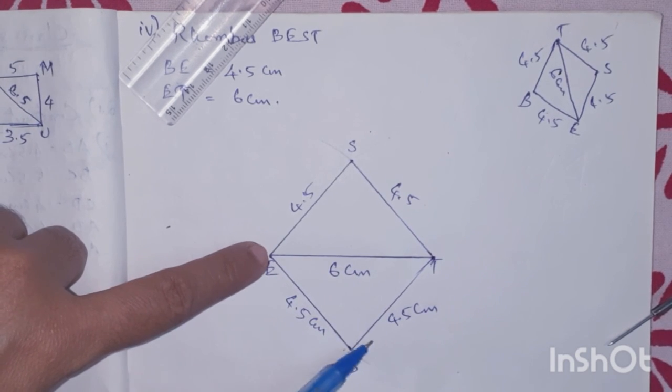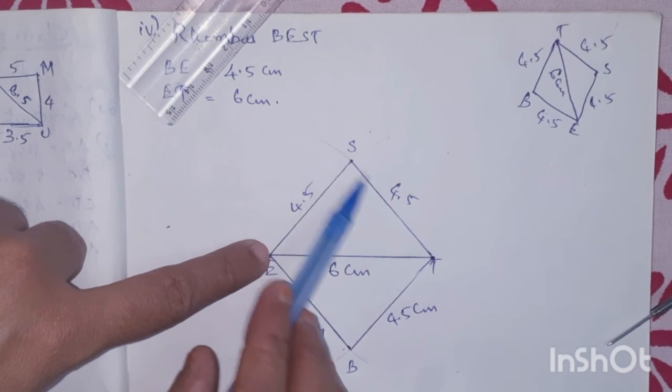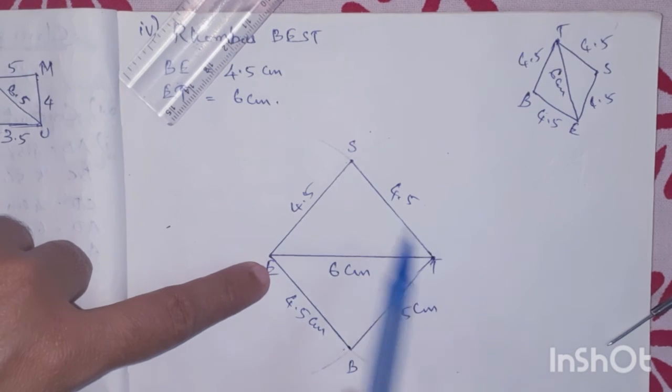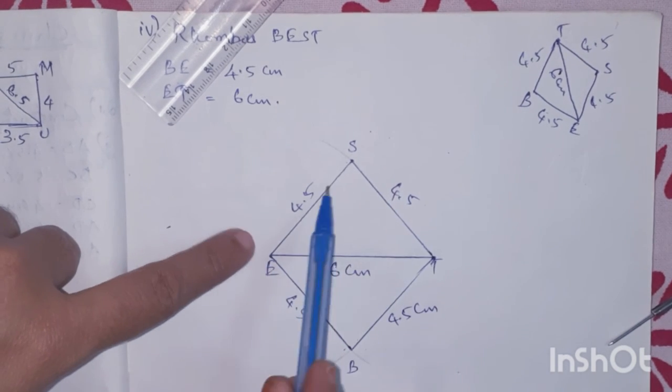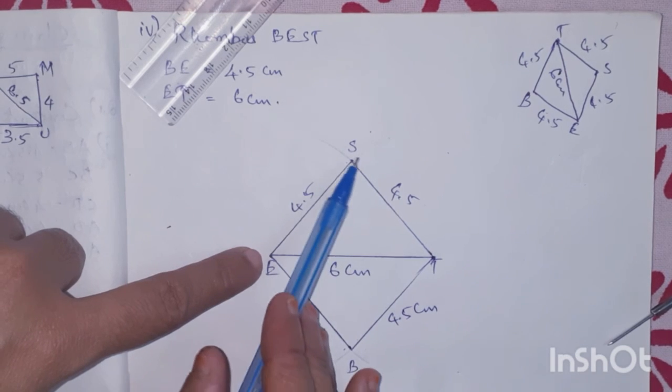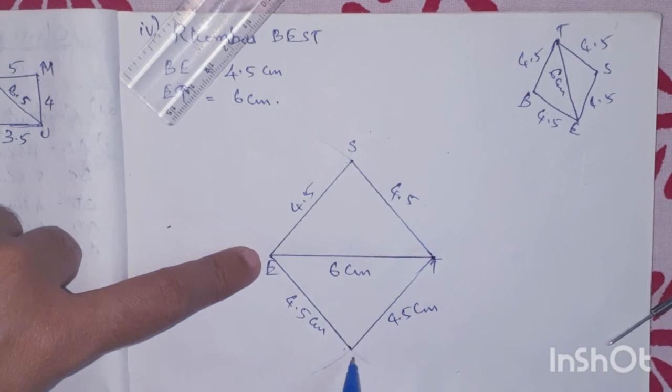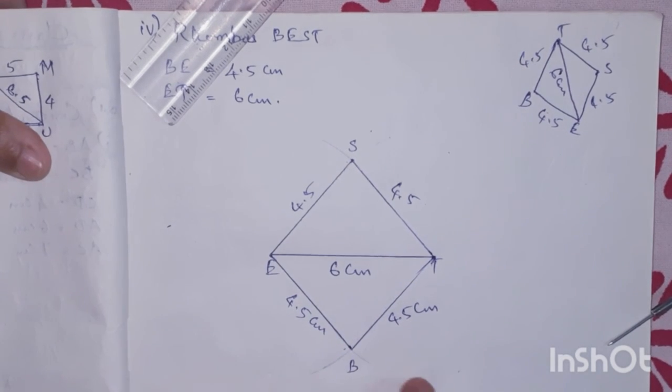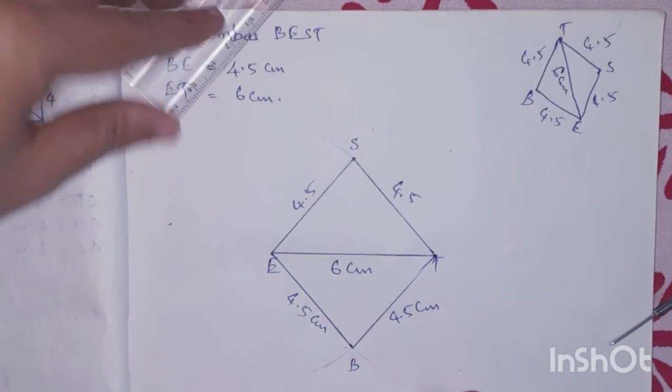From E cut the arc, from T cut the arc, then from E another arc here, and T cut the arc here. Then join BE, BS, ES and ST and TB. Then this is the required rhombus. This is the construction. Okay.